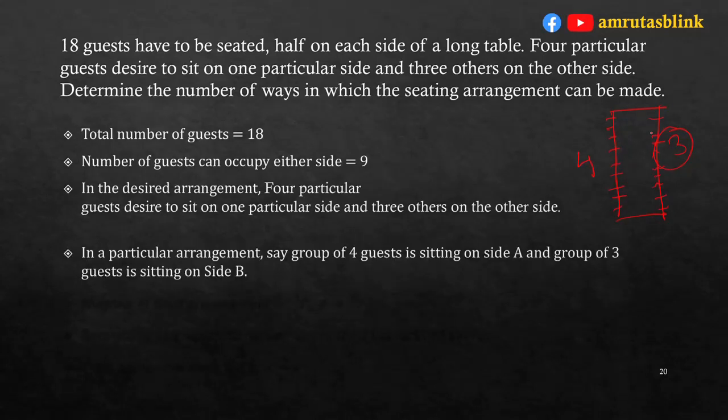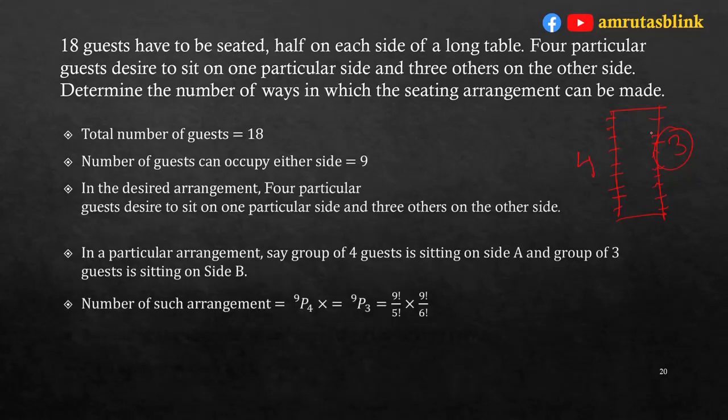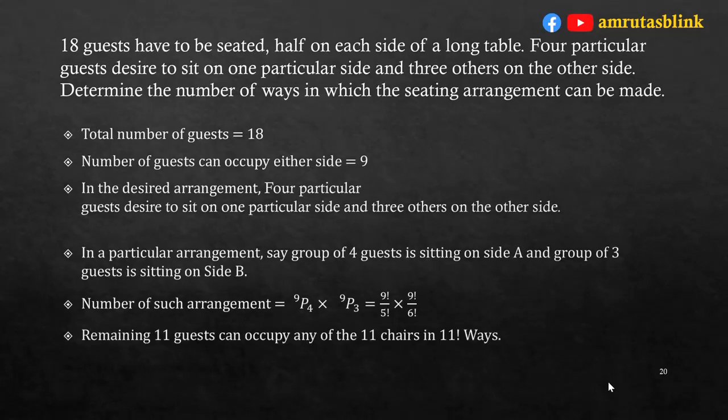In a particular arrangement, say a group of 4 guests is sitting on side A and group of 3 guests is sitting on side B. Now in how many ways these 4 guests can sit on side A and 3 guests can sit on side B is 9P4 into 9P3, that is 9 factorial upon 5 factorial into 9 factorial upon 6 factorial.